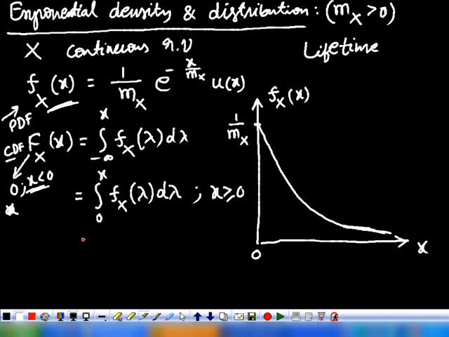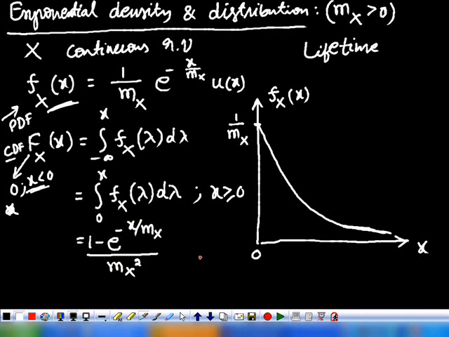Can you do it? Substitute this value here. 1 minus x by... is it mx square or mx will be eliminated?